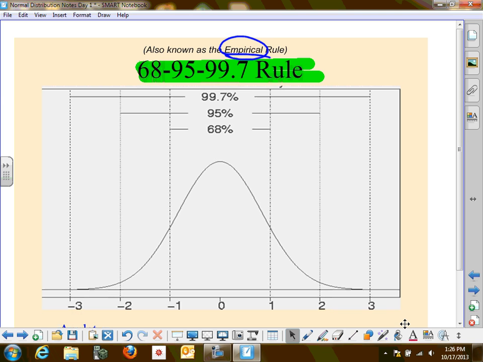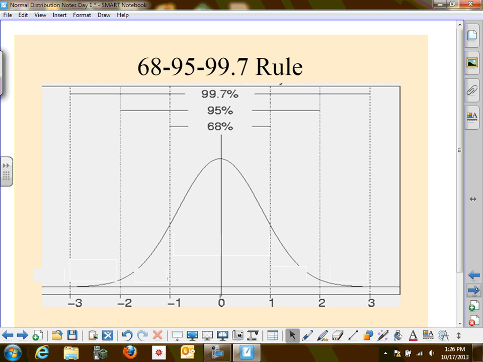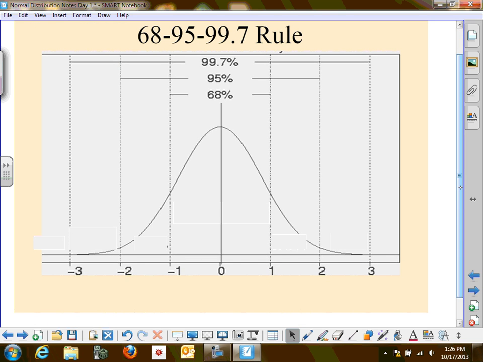Okay. So, I want you to figure out what percent of data is in each one of these sections. I'm not going to tell you how to do that. You're going to figure it out. I'm going to clarify what I'm asking again.